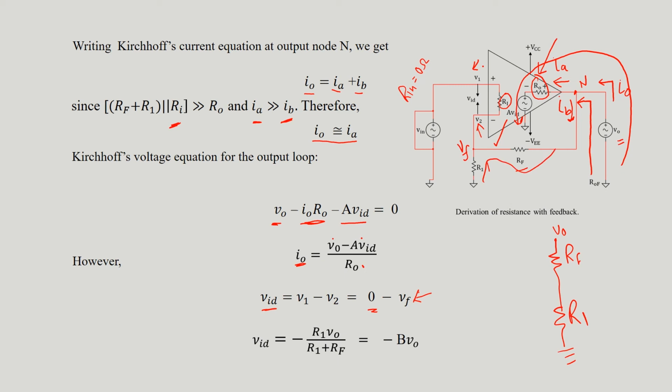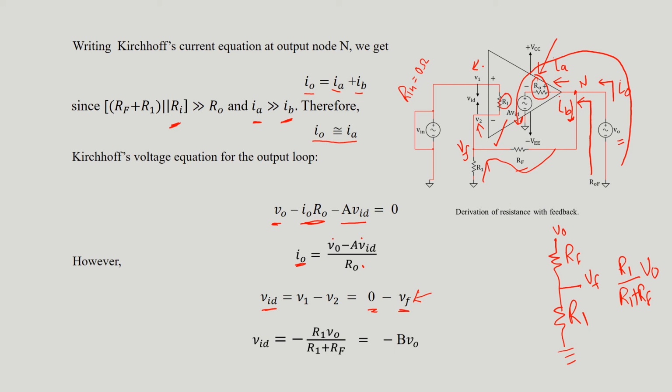At this point, which is VF, this becomes R1 over R1 plus RF into V naught, and it has a minus sign because it's minus VF.